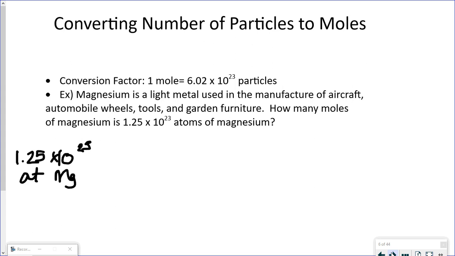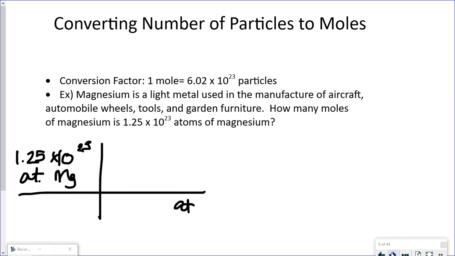And I'm just going to abbreviate atoms. And it's asking us how many moles of magnesium this is. So remember, we are getting rid of atoms because we're looking for moles. So in our next conversion, atoms needs to be on the bottom. That way it's on top of the line and below the line somewhere, and we can cancel out that unit.